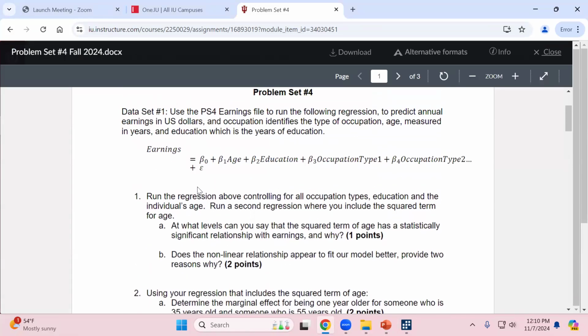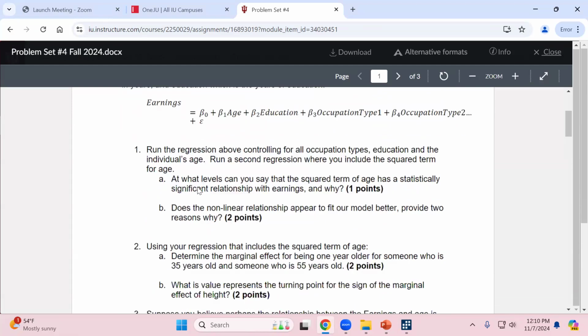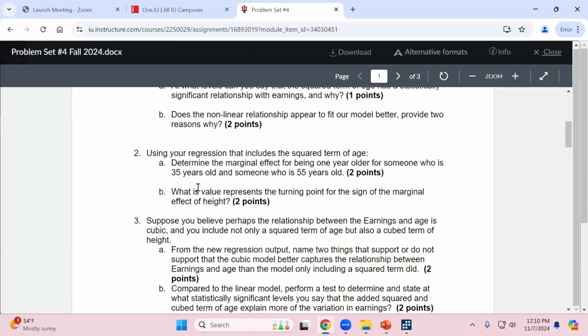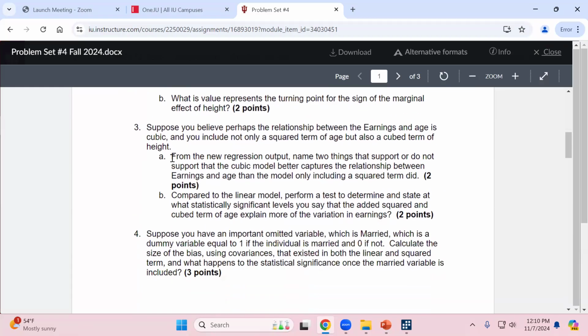That's not at all problem 4 in the problem set. It was earnings. And here we had age, right? Is what we were thinking about. So age and age squared. Bunch of other controls. And our omitted variable was whether or not the individual was married.